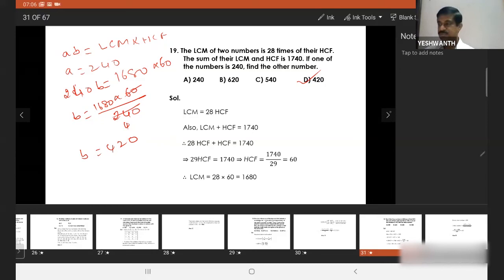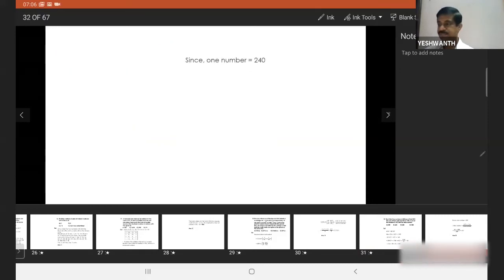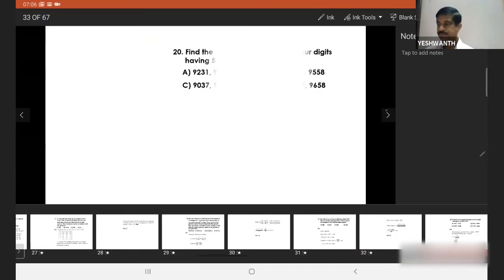Right, children, let us go to the next question. Find the two largest numbers of 4 digits having 531 as their HCF. HCF is given as 531, so both the numbers should be multiples of 531.